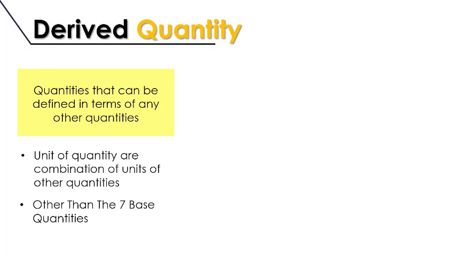The second type of physical quantity is the derived quantity. Derived quantity is quantity that can be defined in terms of any other physical quantities. It is a combination between two or more base quantities or between a base quantity and a derived quantity. Units of quantities are combinations of other units.